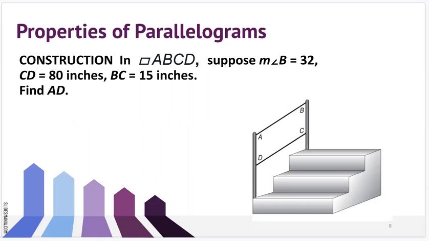No, try again. What's AD? A like apple, D like dog. What's the length? Yes, 15. Oh, and AB is 80 though. Good job. All right.